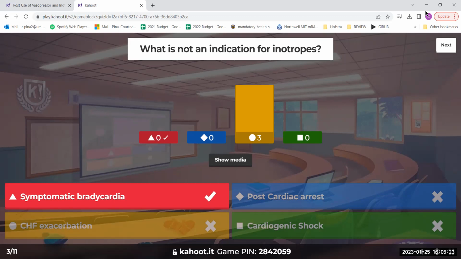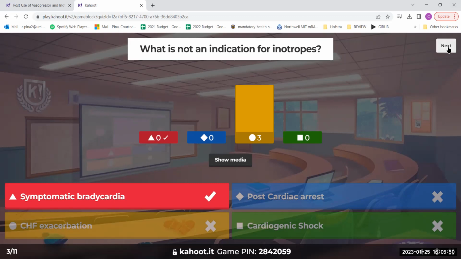A CHF exacerbation usually will require offloading the ventricle and giving some positive pressure support, but in some instances you may need the inotropes. Post-cardiac arrest and cardiogenic shock are fairly easy. You know that there's myocardial stunning in both of them. And really the only incorrect indication is symptomatic bradycardia.